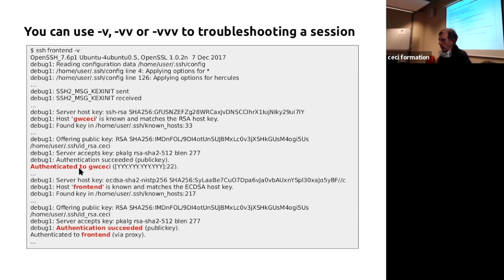Then the gateway has authenticated you. The same for the front end. You authenticate the front end with this public key, and then here the front end has authenticated you with your public key.